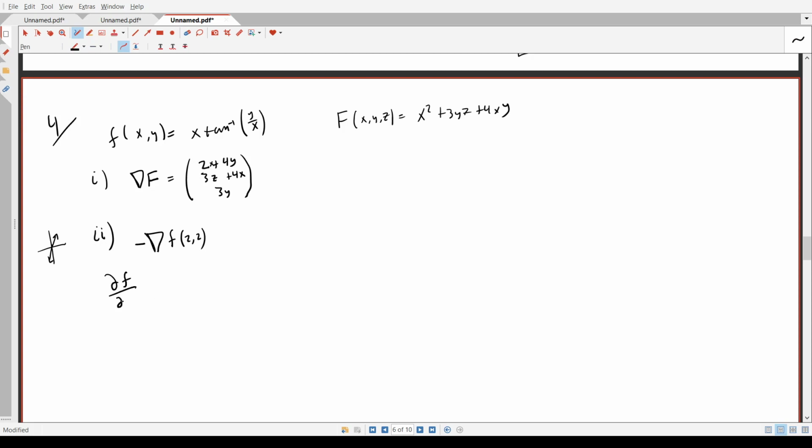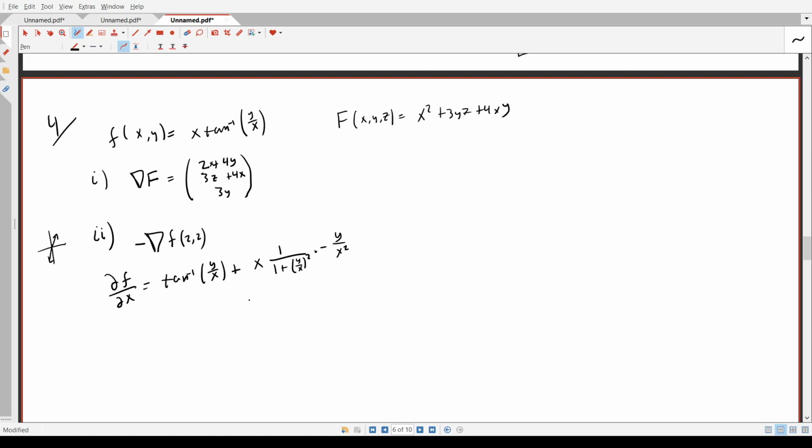df dx, that's going to be tan inverse y over x plus x times 1 over 1 plus something squared. I have y over x, so I need to multiply by negative y over x squared.